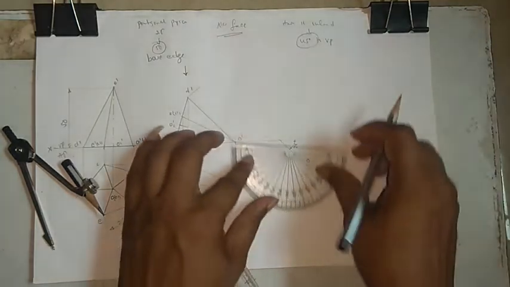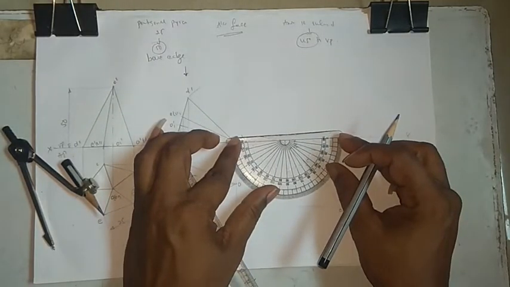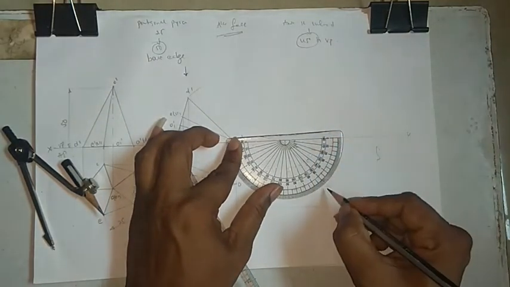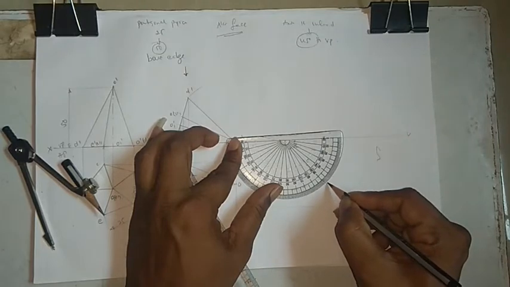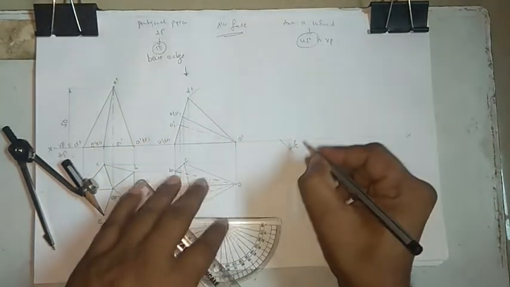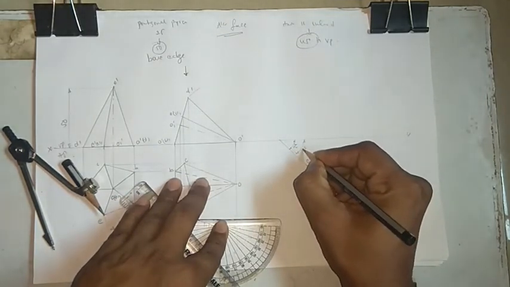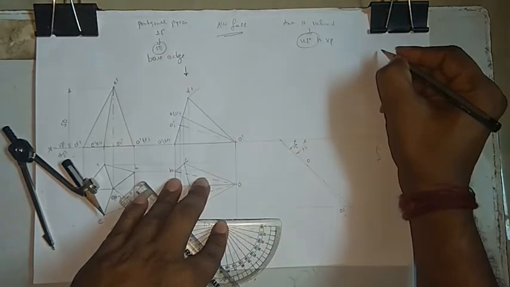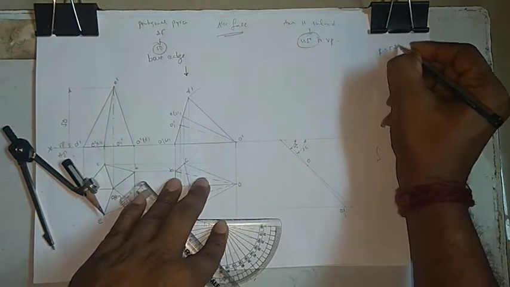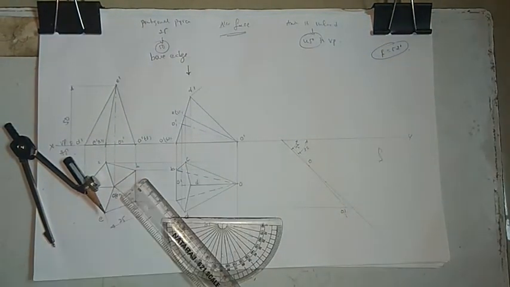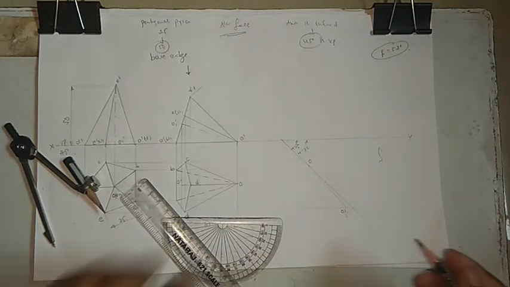Okay, so now measure this angle. Okay, it is coming around 52. Okay, we just write here, this is 52. So we'll write here it's beta is equal to 52 degree. Okay, so that is what we can get from there.